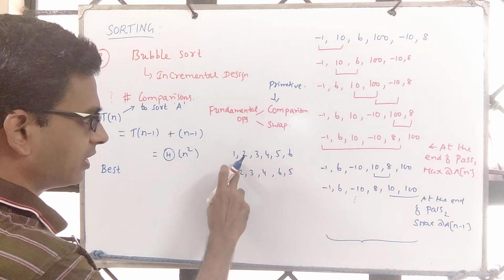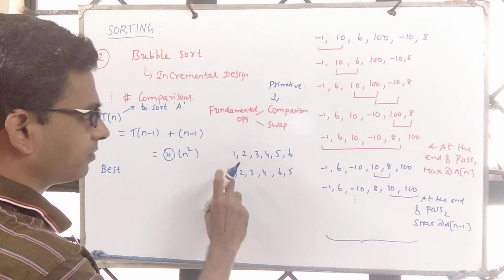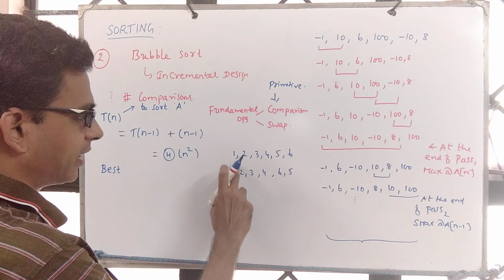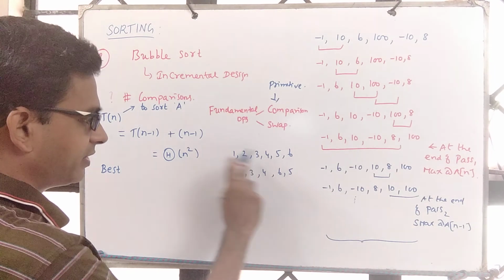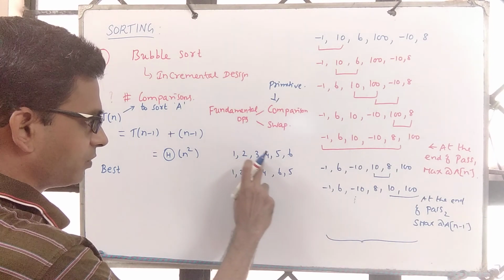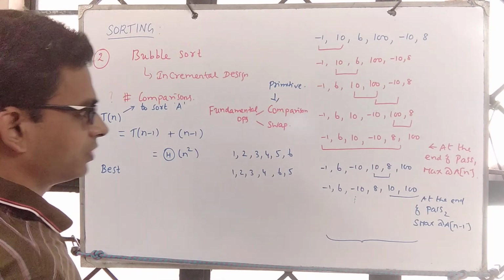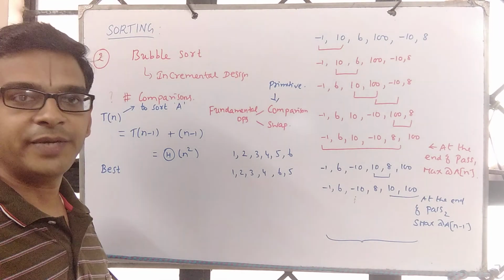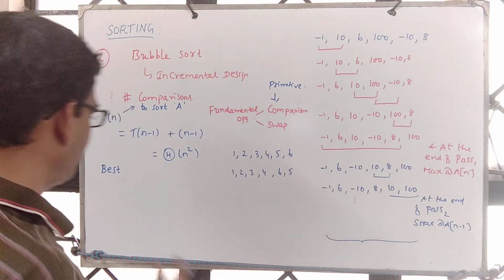The only thing is the number of swaps comes down, but comparisons remain the same. I compare these two, then I compare these two, and so on. So there is no change in the number of comparisons according to the input.